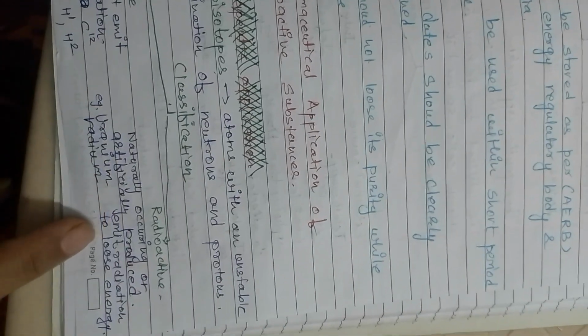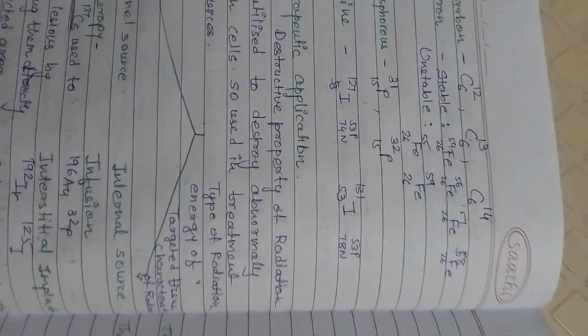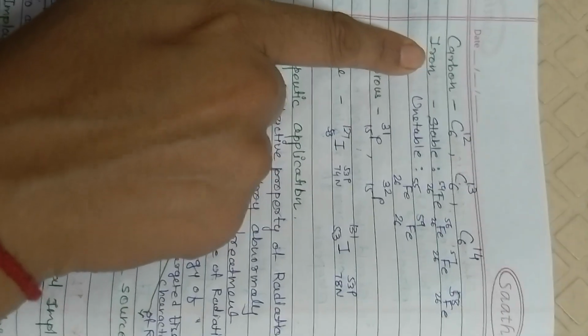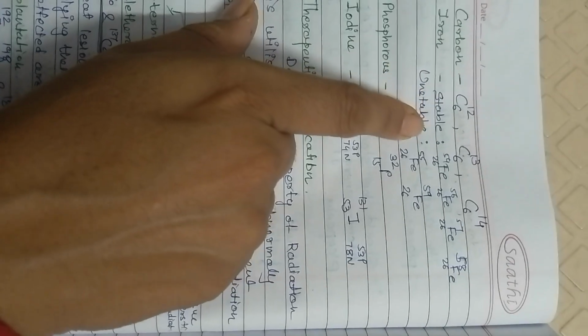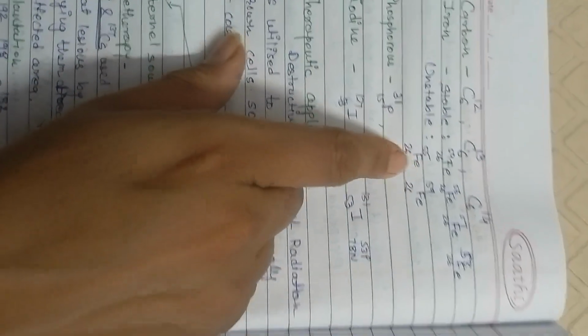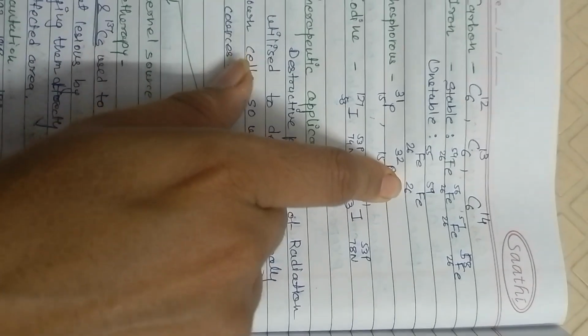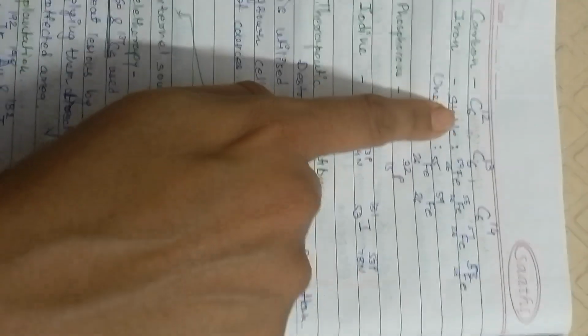These are naturally occurring, and the rest of the material we obtain from synthetic procedures. These are the various isotopes. In the case of iron, the unstable or radioactive radiation emitting isotopes are Fe-55 and Fe-59. The rest of these four isotopes are stable, meaning they are not emitting any radiation.